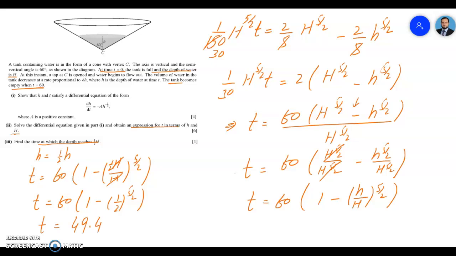So the time is 49.4 when the depth reaches half of H.